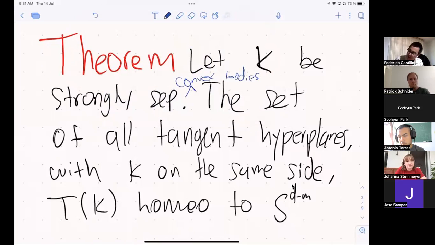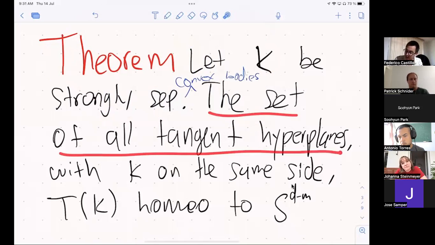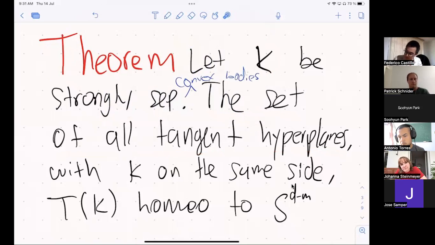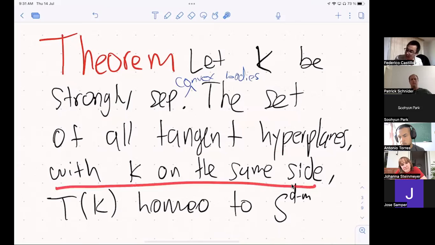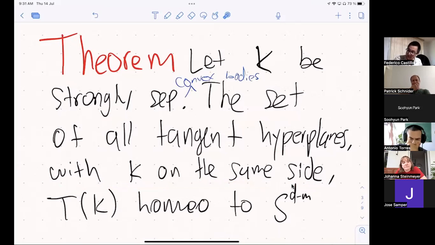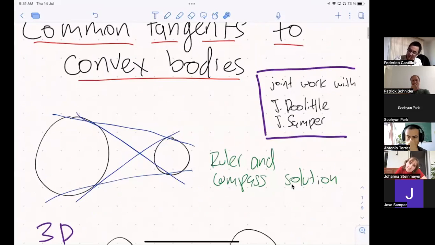And now we can talk about the set of all tangent hyperplanes. And when I say tangent, in this case, I mean they have the family on the same side. So if we go to this example, I mean tangent lines, but I want to restrict my attention to the lines that have the family, in this case the two circles, on the same side.